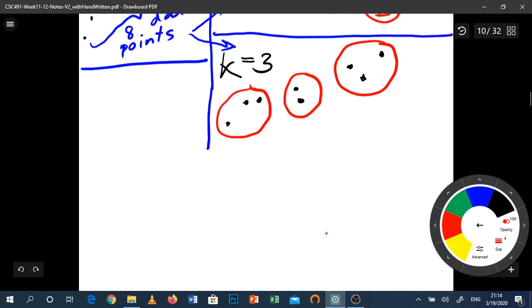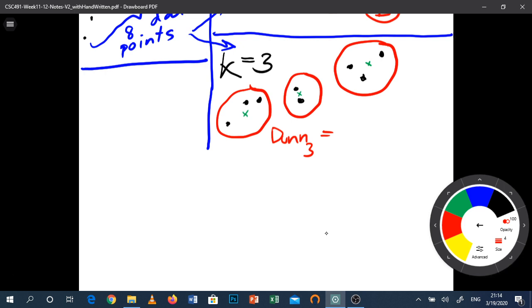So now we can do similarly with k equal to 3. Let's find the centroid of each cluster. So the Dunn index for k equal to 3: let's look at the top quality.